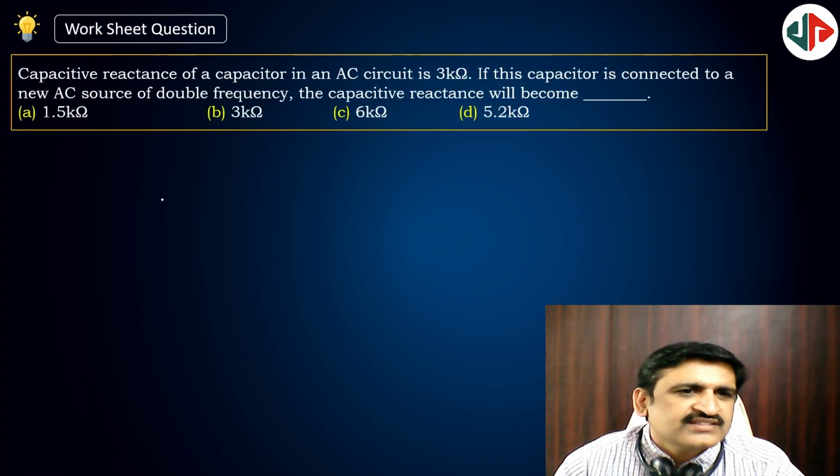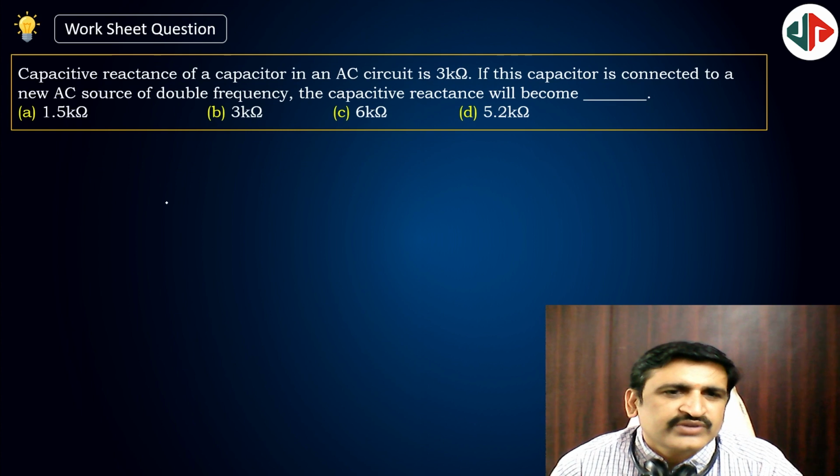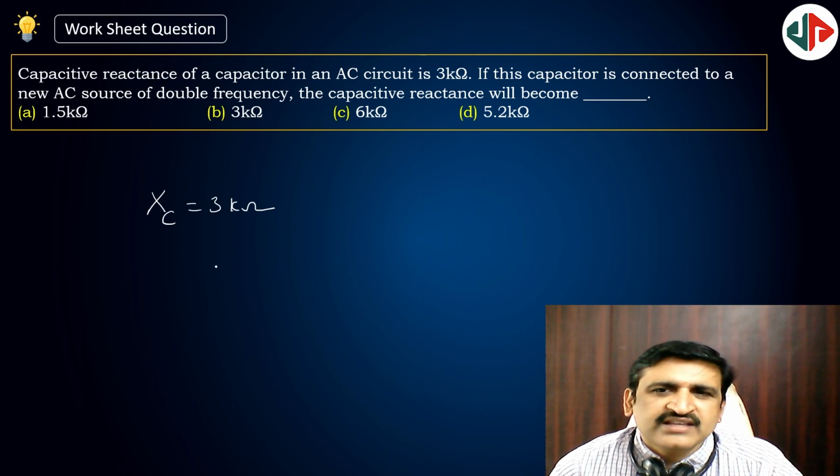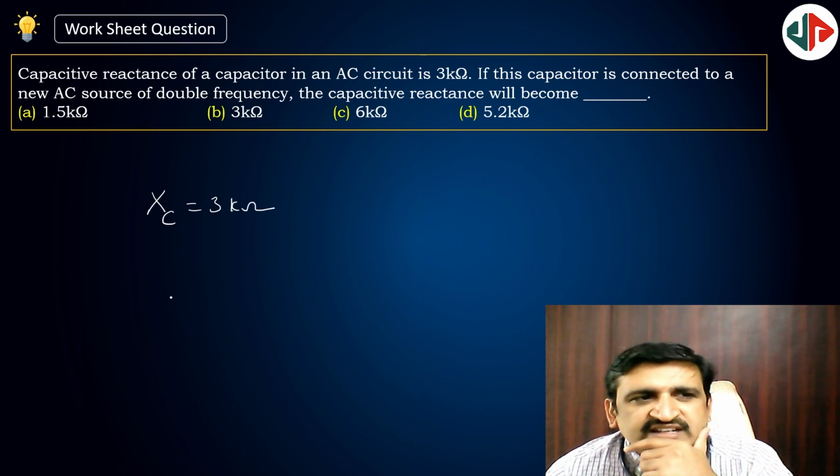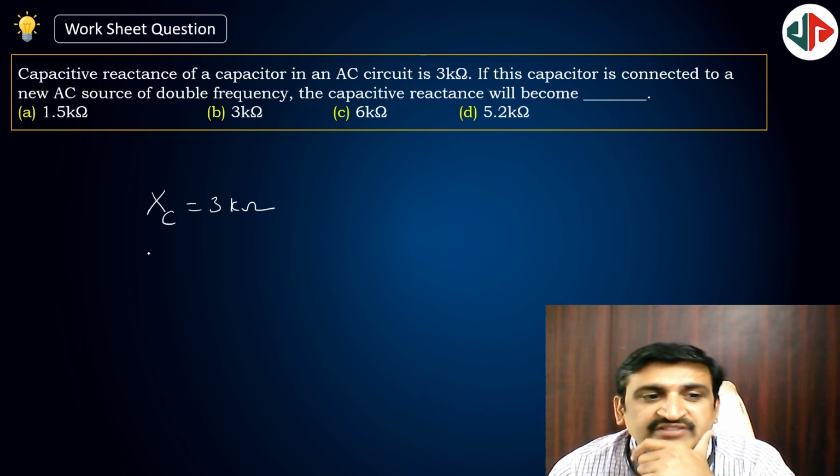Capacitive reactance of a capacitor in an AC circuit is 3 kilo ohm. The capacitor is connected to a new AC source of double frequency, that means F dash became 2F.